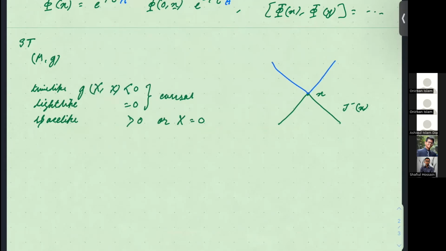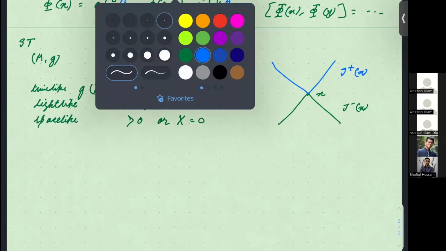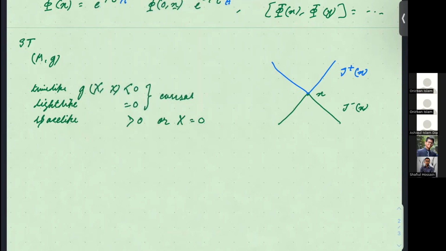future cone. Sorry, can I just ask a question? Sure. In the Riemannian case, of course, this inner product is 0 if and only if X is 0. But in the Lorentzian case, the inner product being 0 doesn't mean that the vector is 0. But the third option, it's space-like when it's greater than 0 or X equals 0.